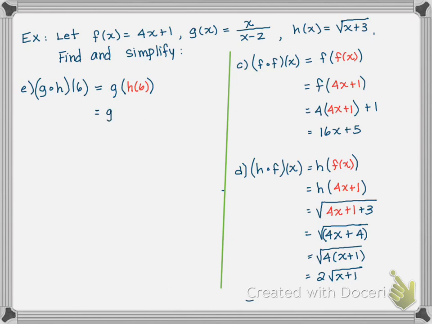So that gives me g of the square root of 6 plus 3. And before you keep going, if it's just numbers like this, simplify in those parentheses as much as you can before you plug that into g. So that's the square root of 9, which is just 3. So I want g of 3. And then we will evaluate g for an input of 3.